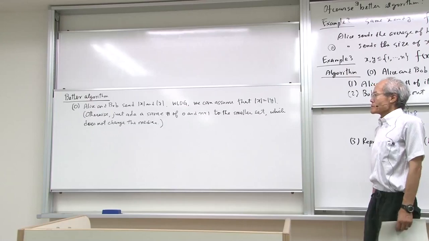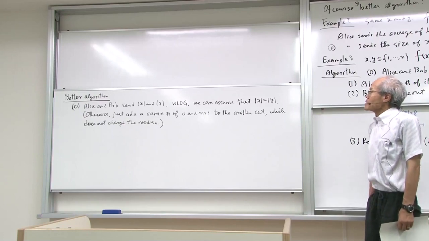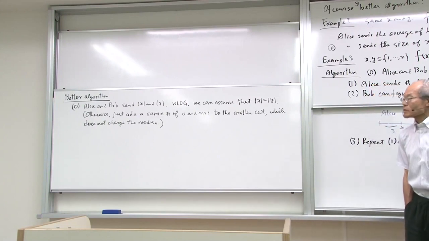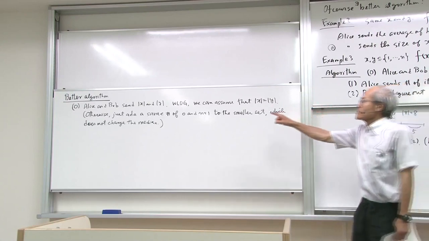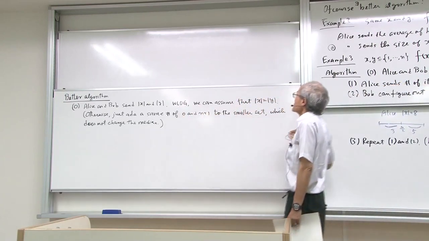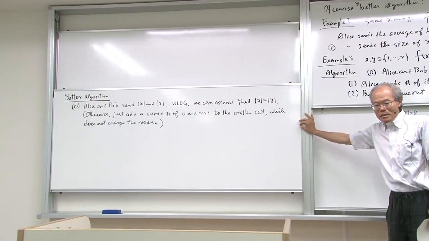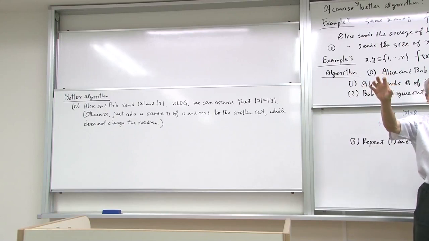They do exactly the same thing as before, just sending the size of their input to each other. Here, we make an important assumption that the size of x and y are the same. Without loss of generality, we can assume that the size of x is the same as the size of y. Otherwise, if the size is different, then we can add the same number of 0s and n plus 1s to the smaller set.